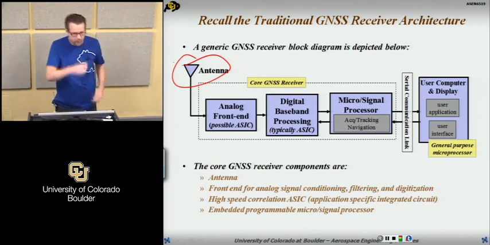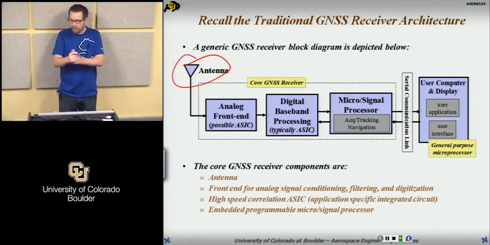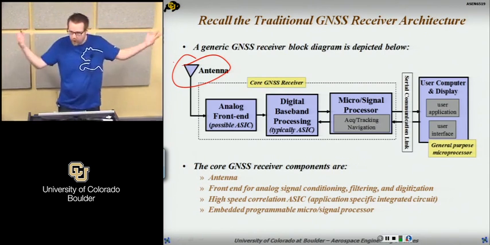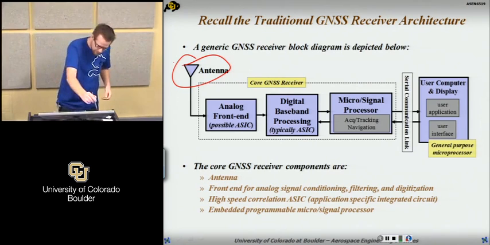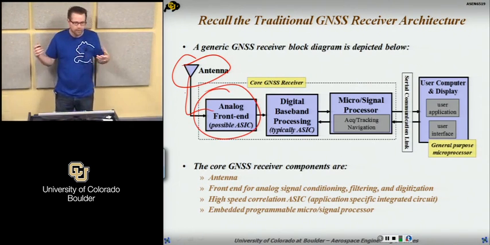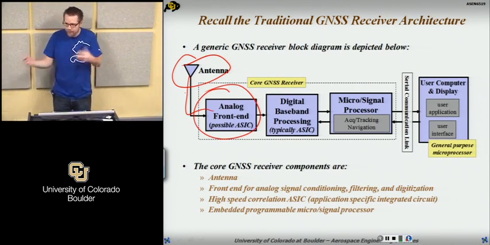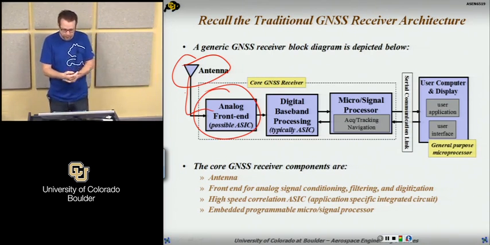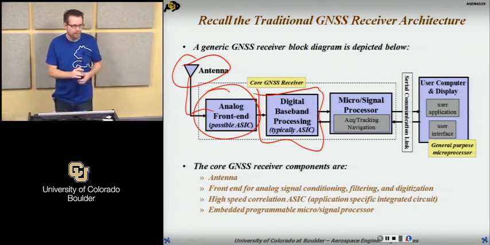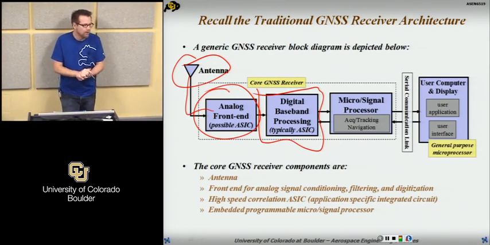We have an antenna, we record very, very weak signals, and whatever thermal noise is present at the antenna, and whatever else is transmitted in that band. That signal is input to the front end, where we do some signal conditioning, amplification, filtering, downmixing, and sampling. After that, it's passed into baseband signal processing. How many know what baseband means? Hands up.